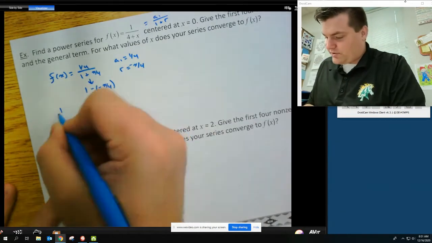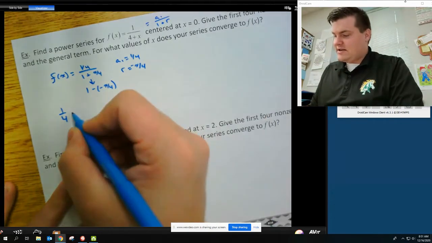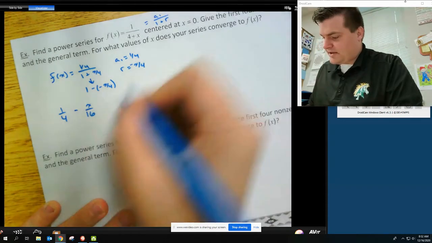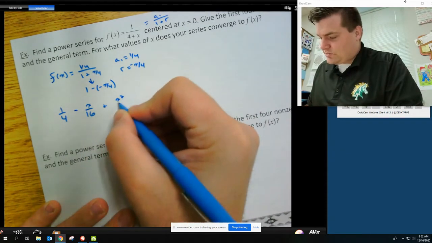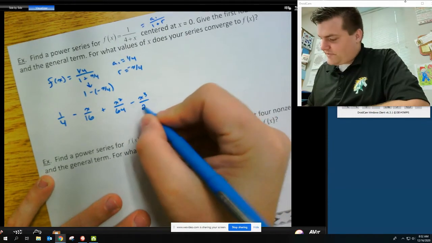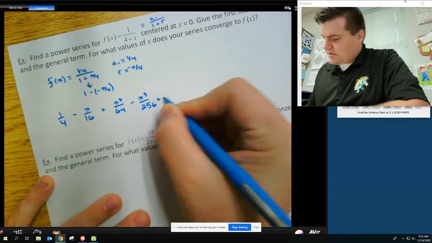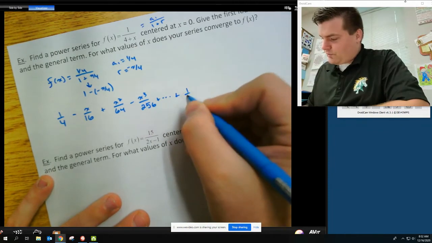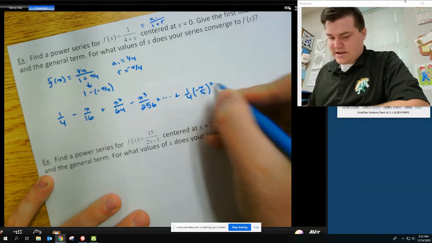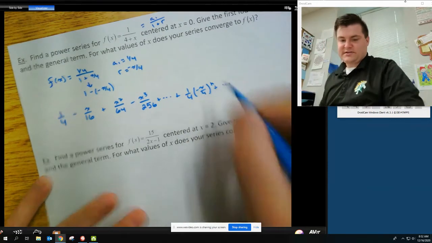So a1 is 1/4. And I'm going to multiply it by negative x over 4. So it's going to be minus x over 16. Multiply that by again. So it's alternating. x squared over 64 minus x to the third over 256. Get the idea here, right? So we're going to start with 1/4 times negative x over 4 to the n. This is just rewriting my series.